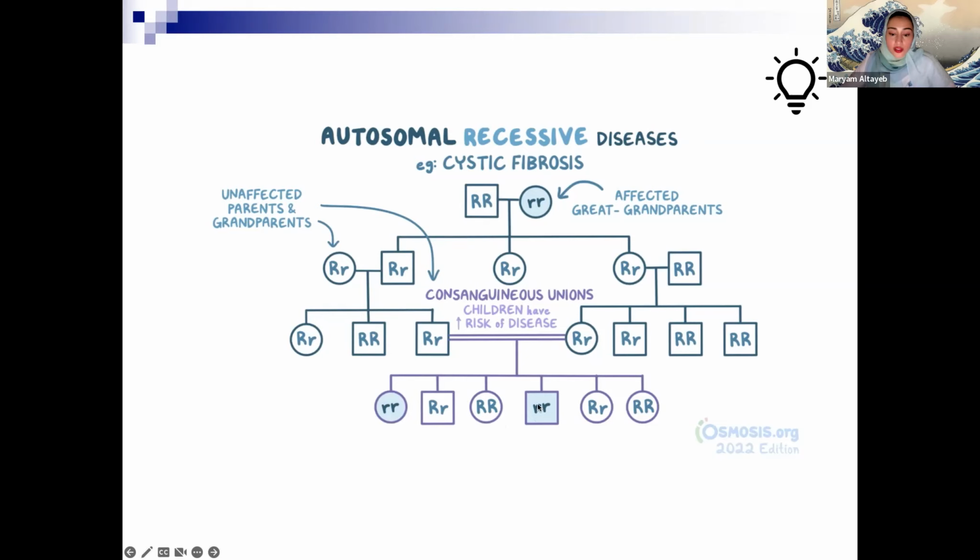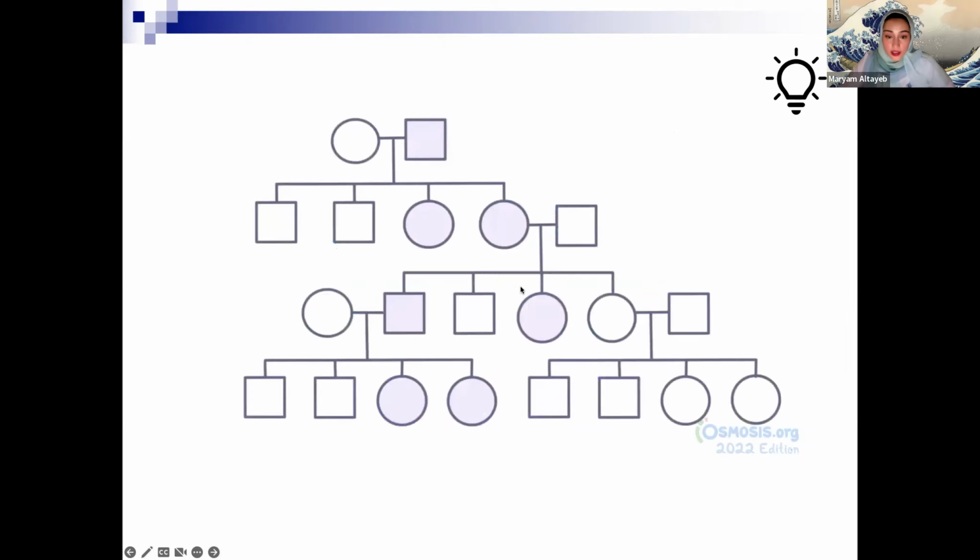So 25% are going to have the disease, 50% are going to be carriers, and the remaining 25% will be completely normal, with both normal alleles. So this is autosomal recessive.